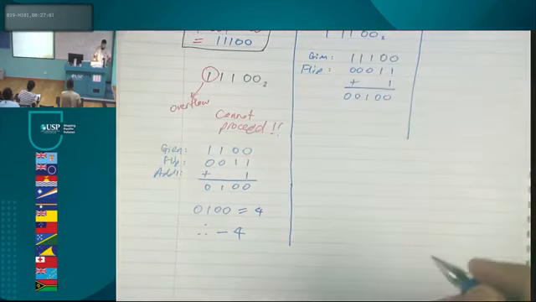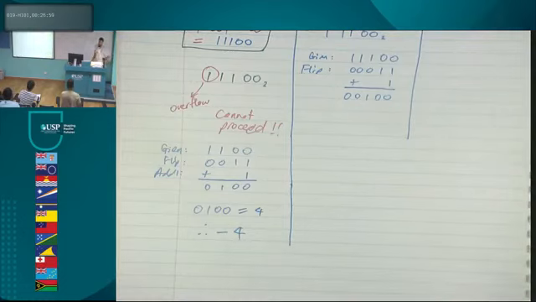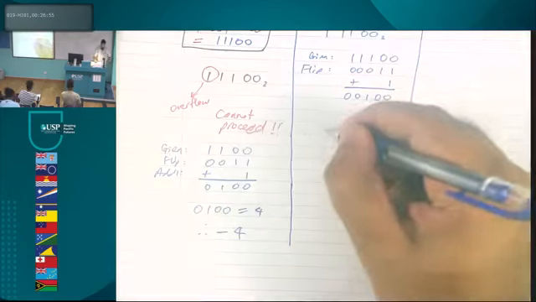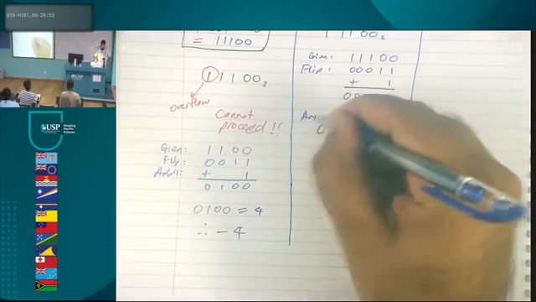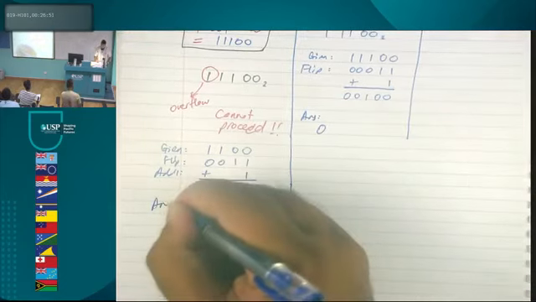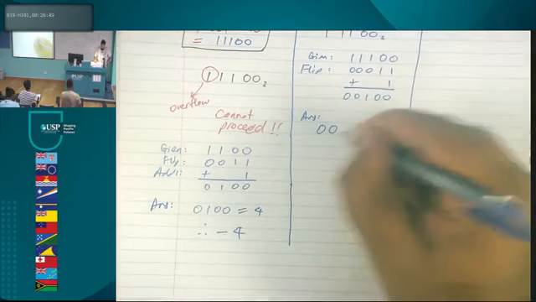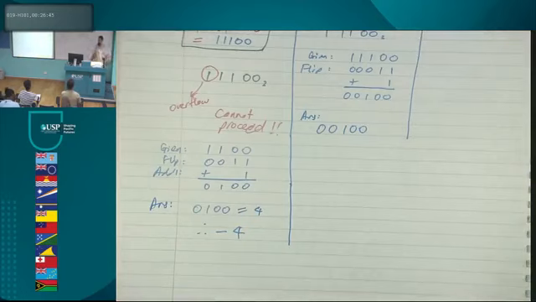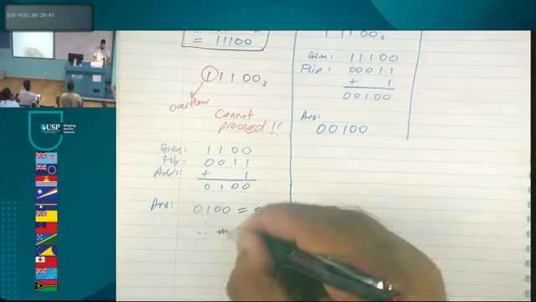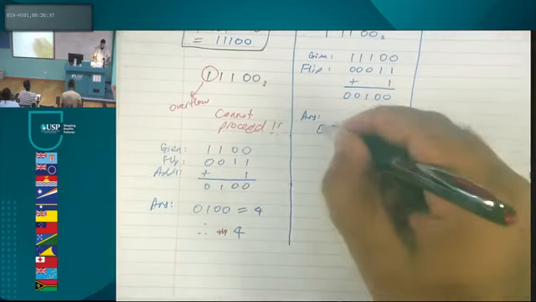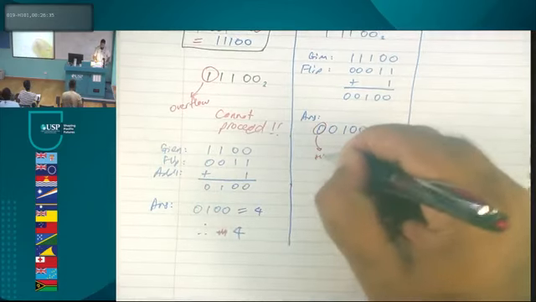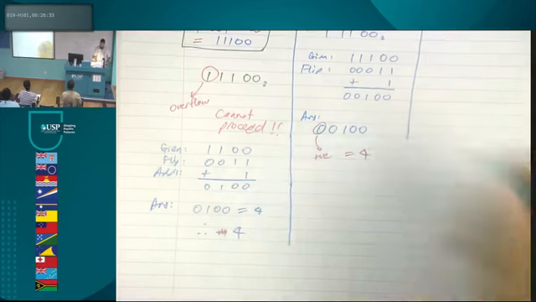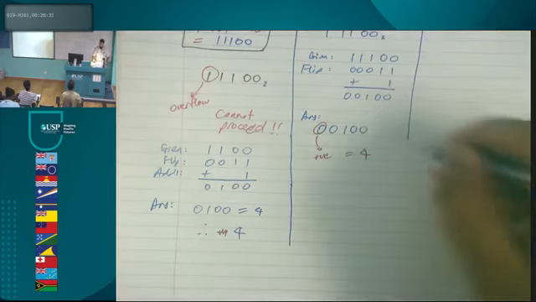So our answer is once again 00, 1, 00. And because the most significant bit is 0, that means it's positive. Therefore, that is referring to some answer near number 4.